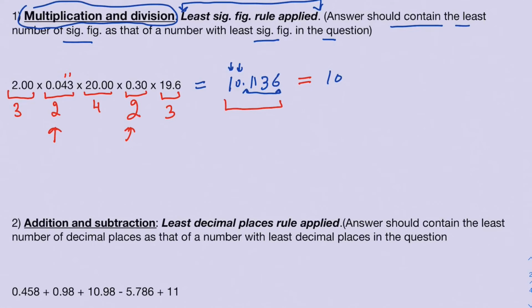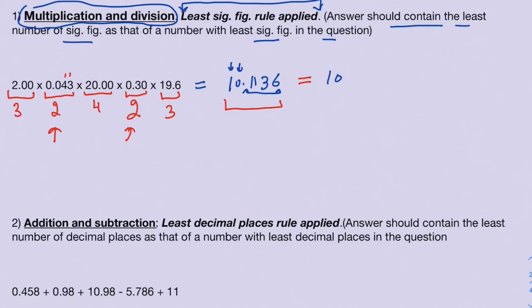So the rounding rules are based on the 5. If something is 5 or bigger, you increase the very last number you're keeping by 1. If the number you're dropping is less than 5, then you leave the very last number you're keeping as it is. So in this case, if you leave this as 10, there is a problem with it.